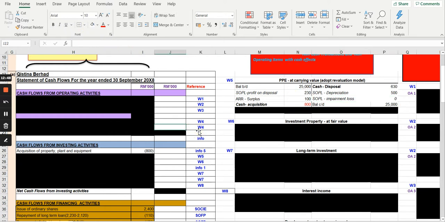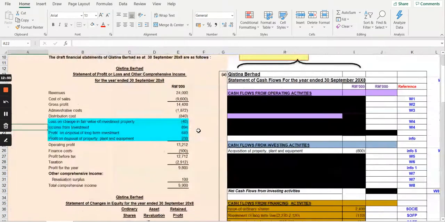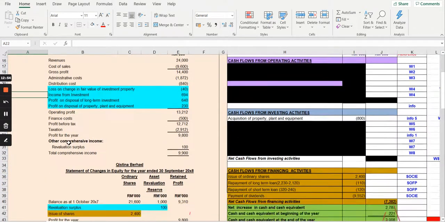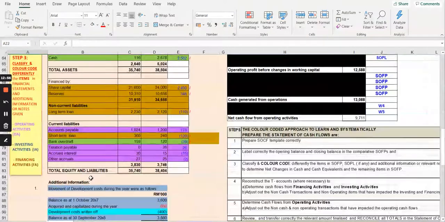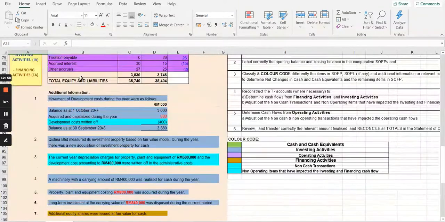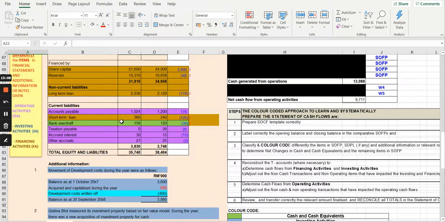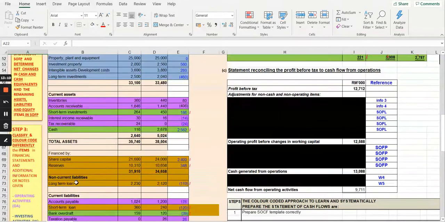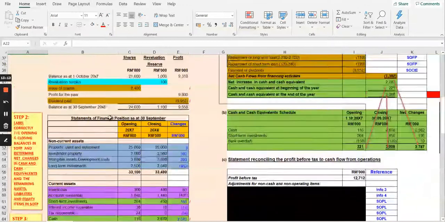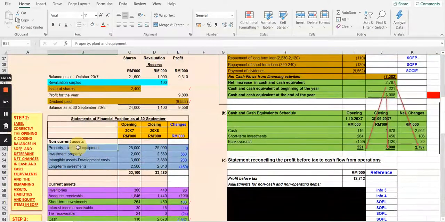If you check depreciation of the PPE, it was not given directly here. Yeah, it was given somewhere at the bottom. So that depreciation of 500,000, debit depreciation, credit accumulated depreciation, that is a journal entry. But somehow there is no accumulated depreciation given because your asset is already at the carrying value.